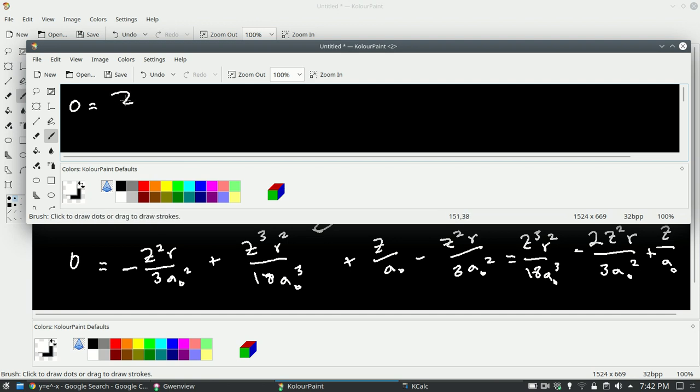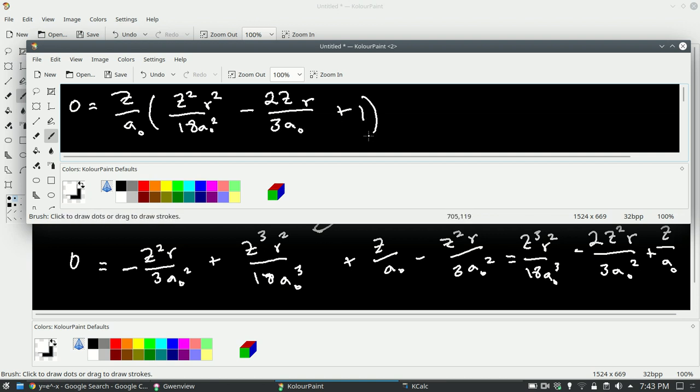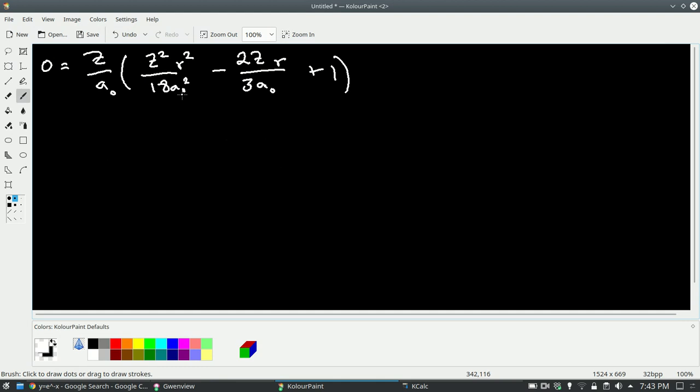Right, so if I took z over a naught out of here, then I would have z squared r squared over 18 a naught squared minus 2z r over 3 a naught plus 1. Does that help? Not really, but it's better than nothing.